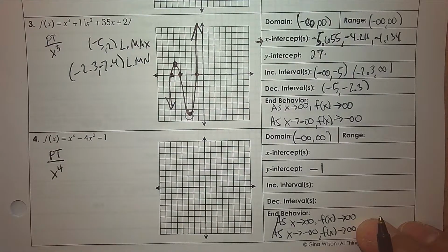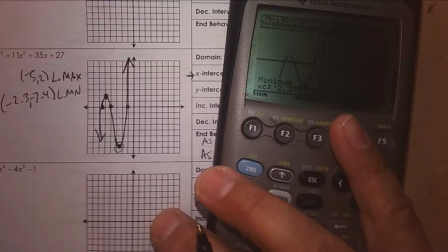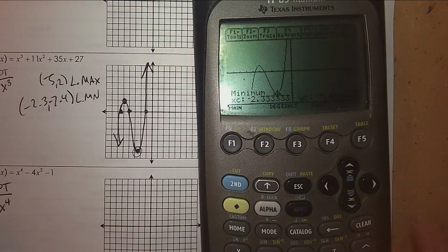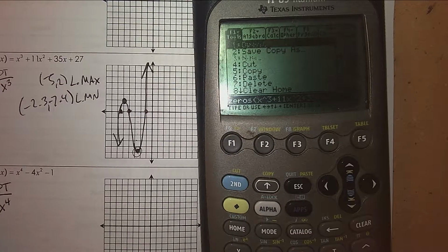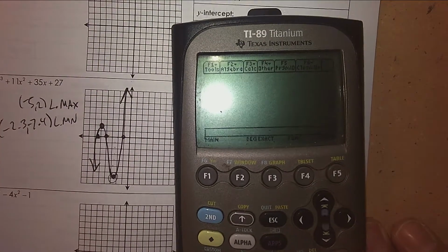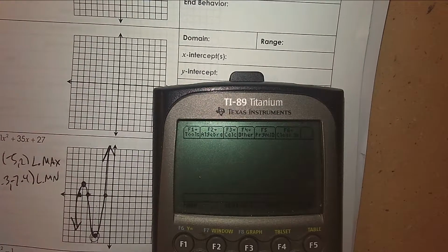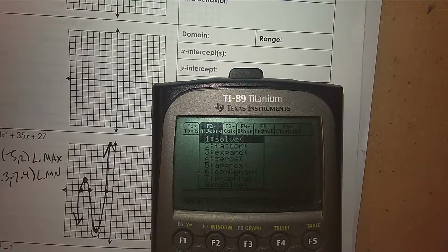And to find the zeros, again, I'm going to use my calculator. So, if I want to find my zeros with my calculator, let's practice that skill again. Let's go through the steps. I'm going to press the home button, then press F2, and go to zeros.